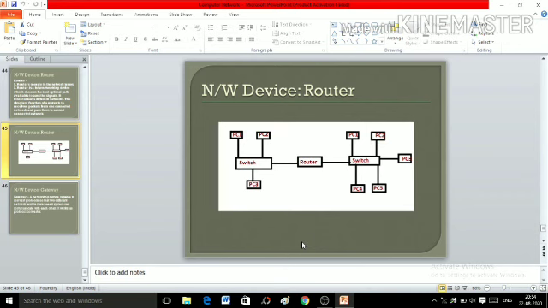Routers will always work between two different networks, where the connected PCs have different network IDs. And one more thing, routers will not be connected directly to PCs. They will be connected directly to switches, and switches will be connected to systems directly.